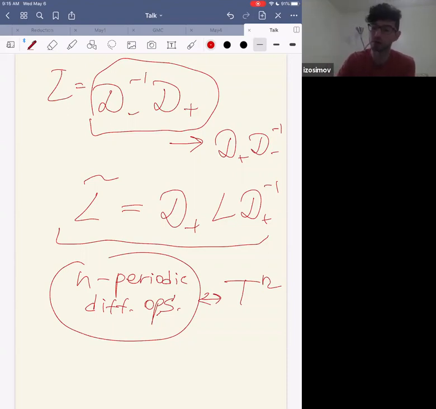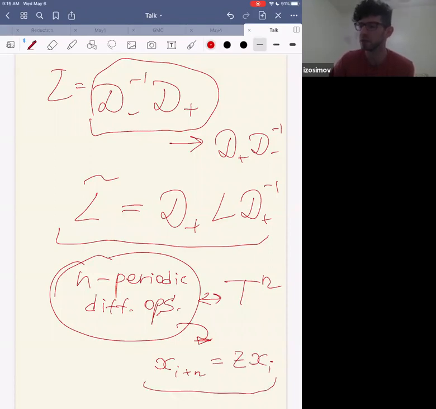Or another way to think about this is that any n-periodic difference operator acts on the space of sequences. Of course, it acts on periodic sequences of real numbers, but it also acts on sequences of real numbers with the property that x_{i+n} is equal to z x_i. So for every z, we get a representation of this algebra.